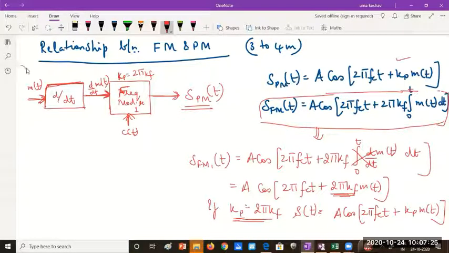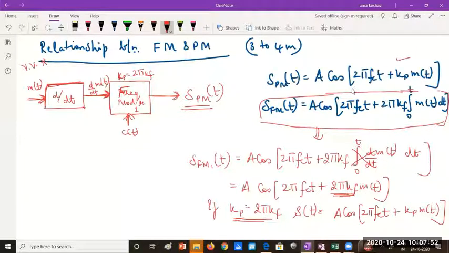Please remember this, very, very important. If I ask you to draw the waveform of a phase modulated signal, you have to make use of this idea only. Otherwise, you can't directly draw the waveform for a phase modulated signal because changing phase is difficult to measure and note down, whereas frequency modulation is easier to do.